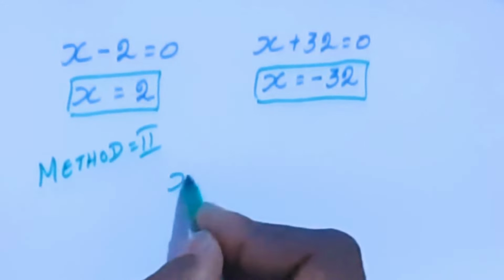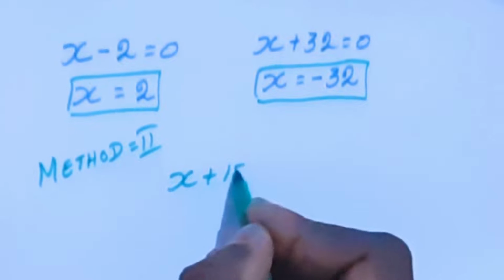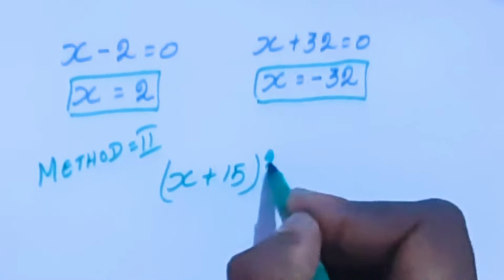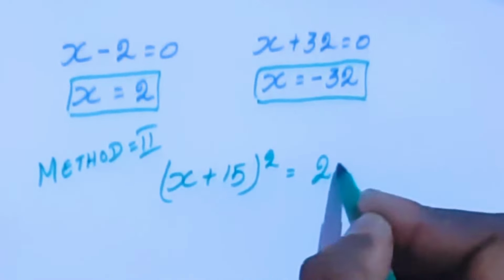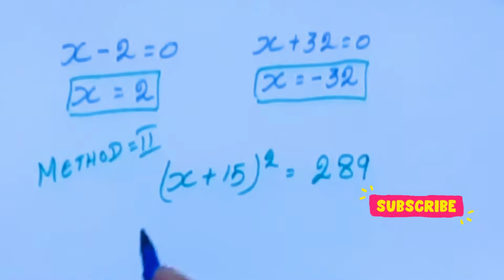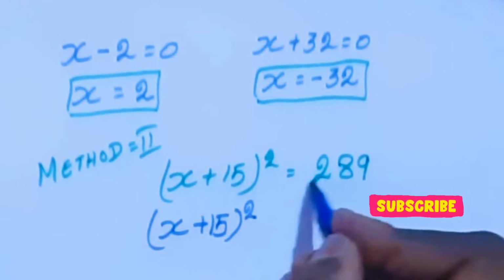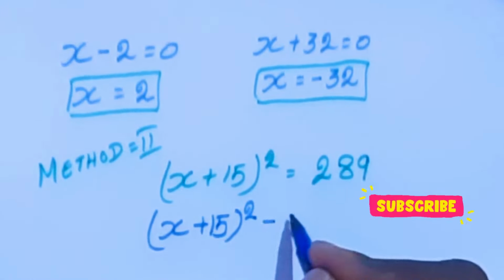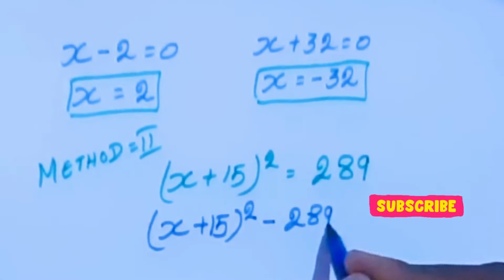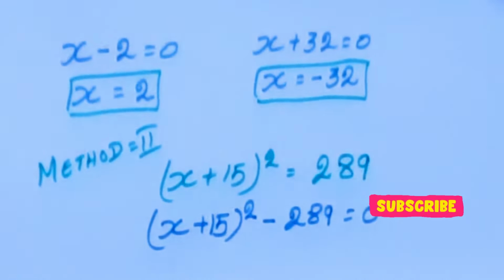Here the equation is (x + 15)² = 289. Now we are moving this to the left hand side, so (x + 15)² − 289 = 0.